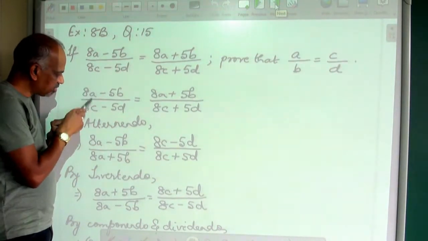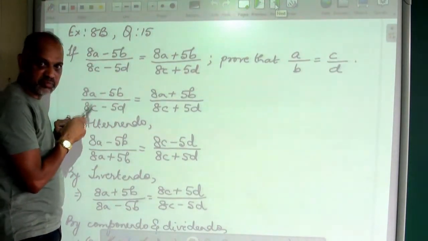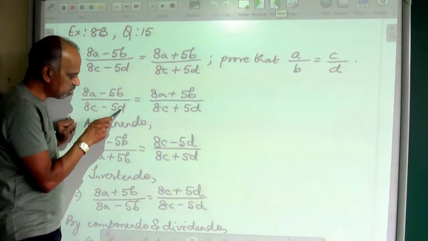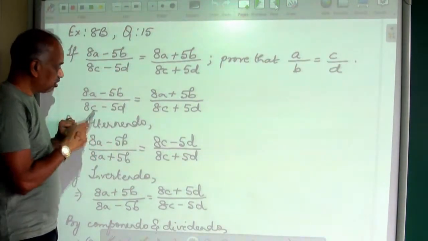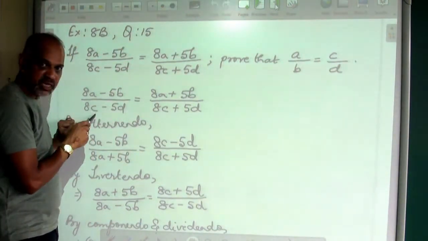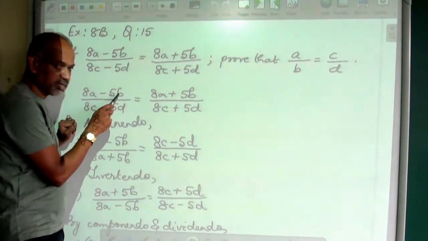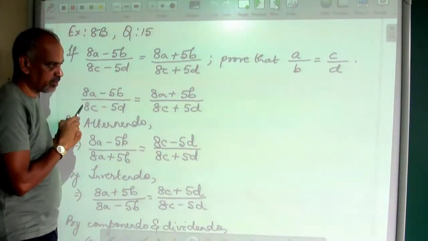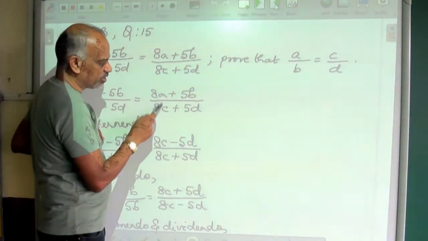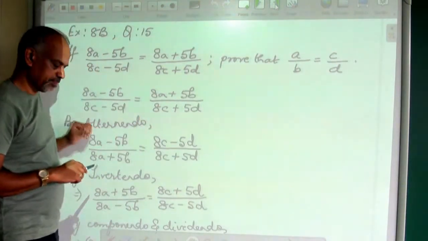Are these two terms same? This is A term, this is C term, not same. This is B term, this is D term, not same. So if this is A term, this also must be A term. If this is a B term, this must be a B term. Similarly, you should get C and D here.